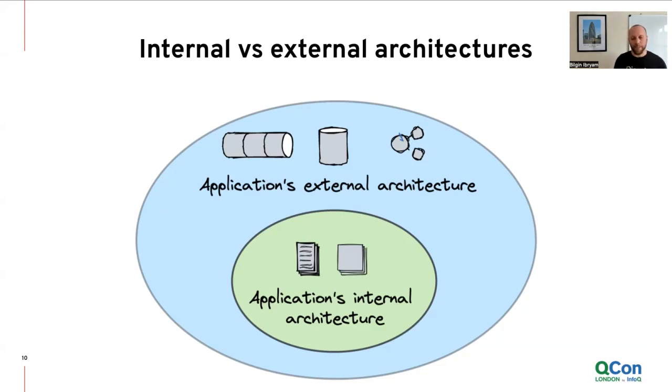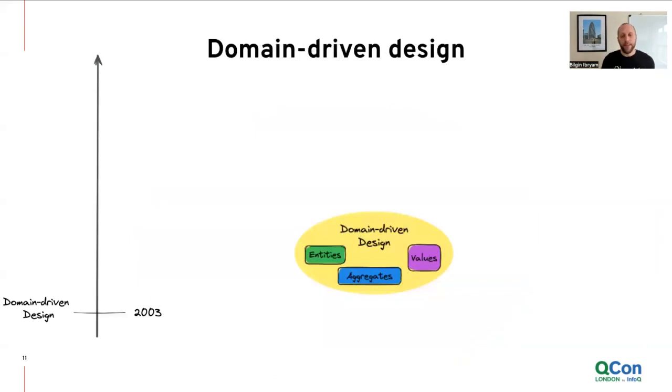So with this disclaimer in place, let's see some of the memorable influences that happened in the monolithic application and how that changed the internal architecture of the applications. The first one, I would say, is domain-driven design, a term coined by Eric Evans in his book with the same title.